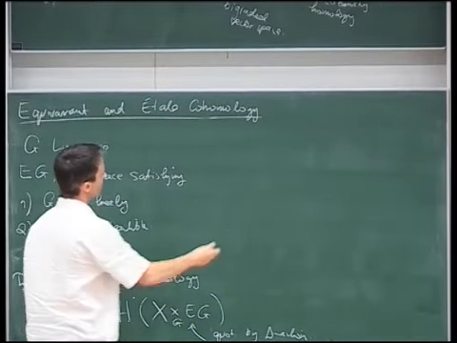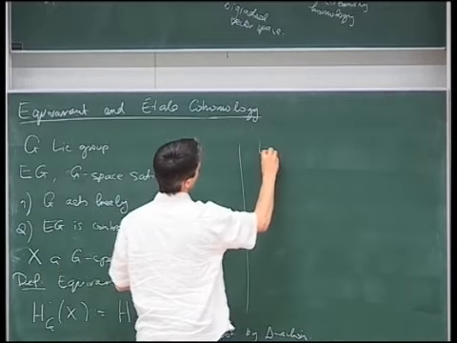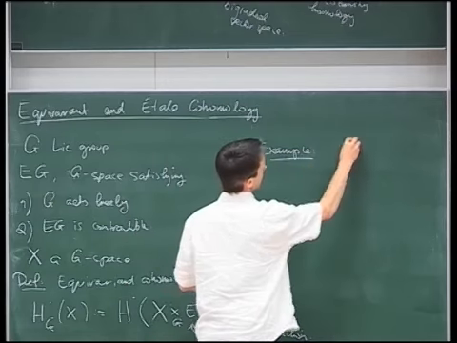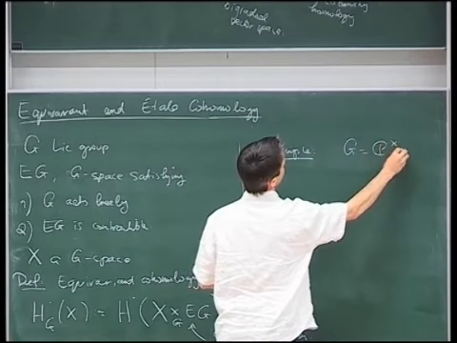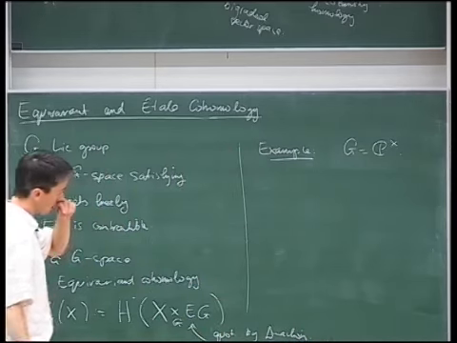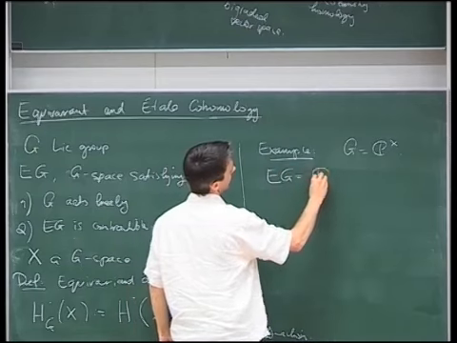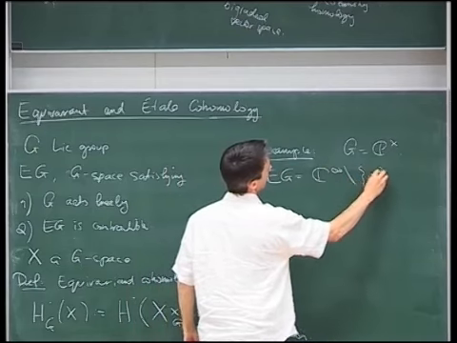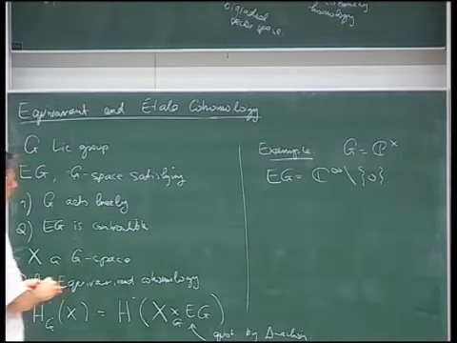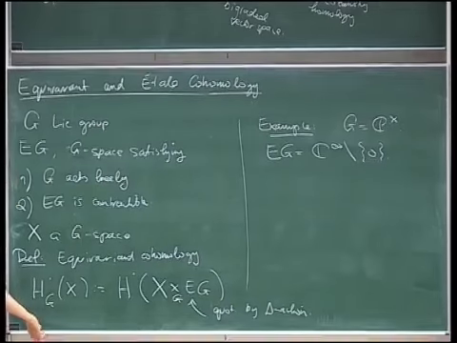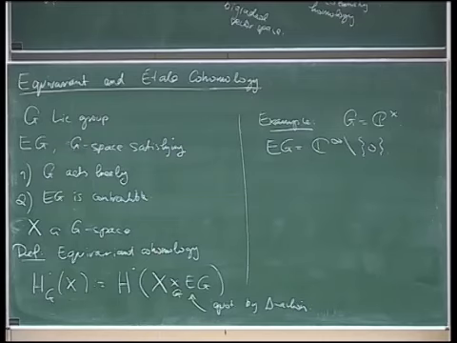So an example: if we take G to be C star, then we can take EG to be an infinite-dimensional vector space over C without the 0 point.